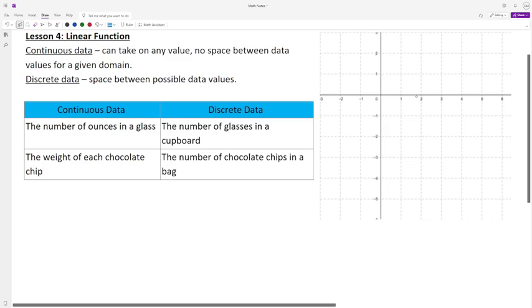For continuous data, an example is the number of ounces in a glass. If we have a glass filled up with some kind of liquid, whether it's water, milk, juice, whatever it is, the number of ounces or the amount of fluid in it could be different.